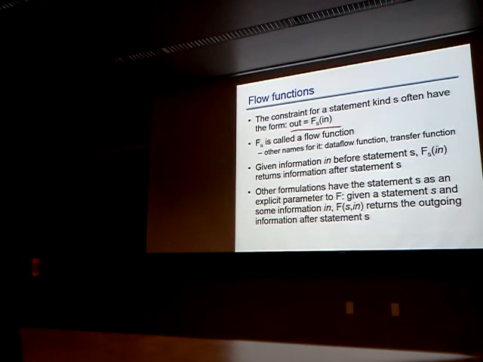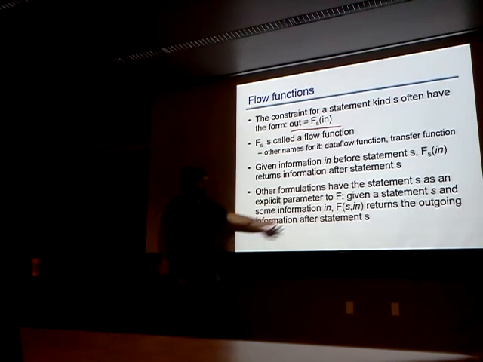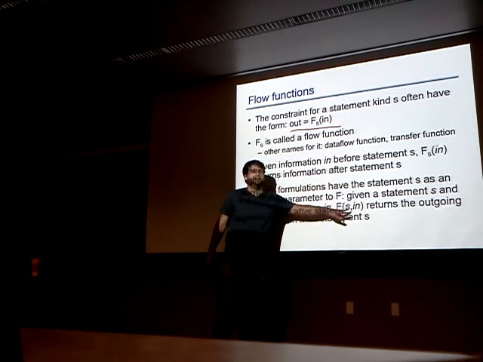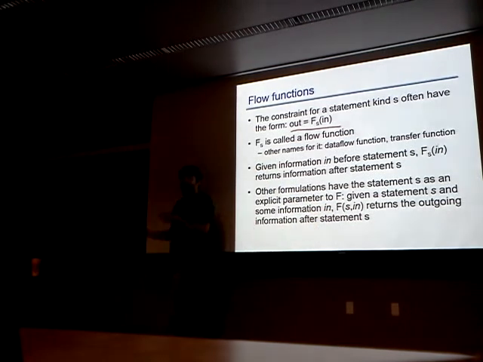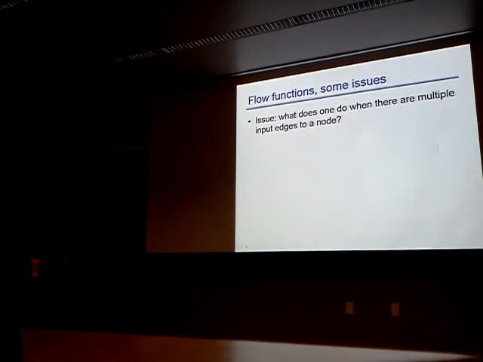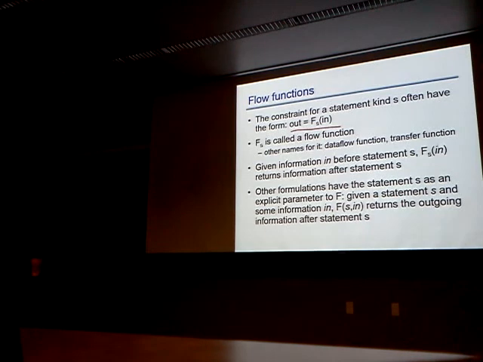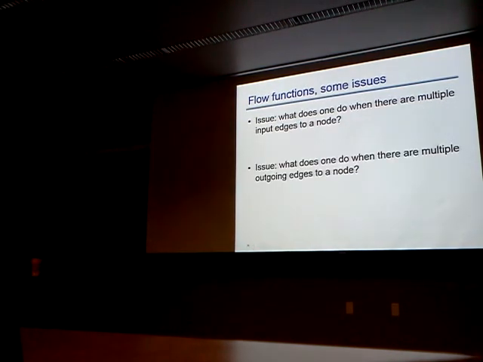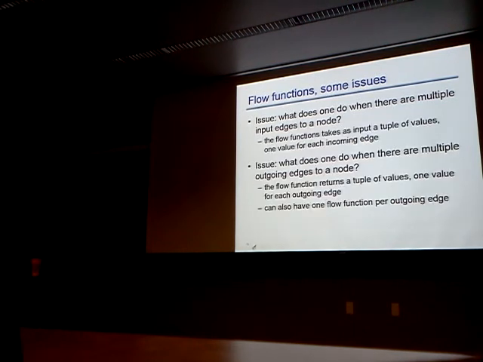In some cases, you can also have the flow function written as a function that takes two things, the statement and the incoming information, and produces the outgoing information. You can also have multiple input edges to a node, whereas here it was f of in. When you have multiple input edges to a node, or multiple outgoing edges, which happens for merge nodes or branch nodes, it's actually pretty simple.